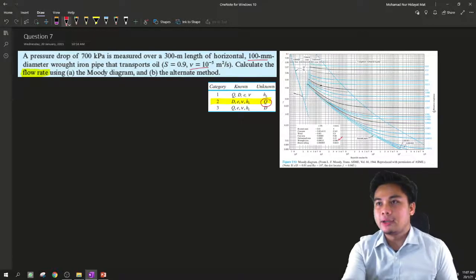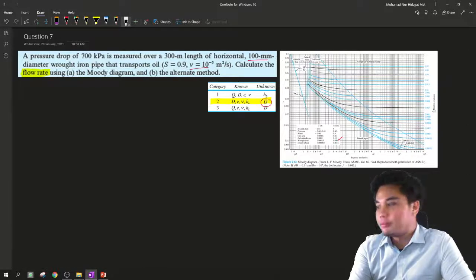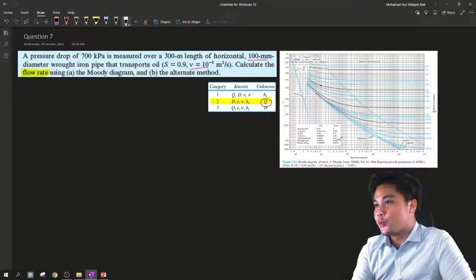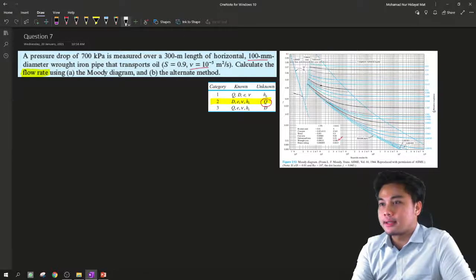Alright, so let me start calculating the flow rate using the Moody diagram. Step number 1, in order to calculate the flow rate Q using the Moody diagram, we need to find the Reynolds number and relative roughness, as these will give the friction factor.